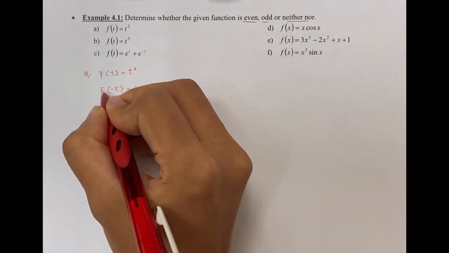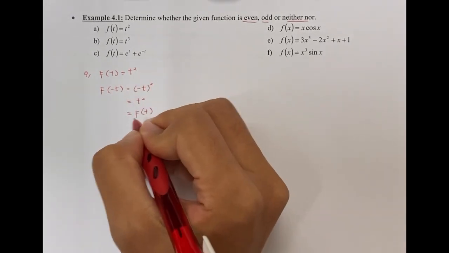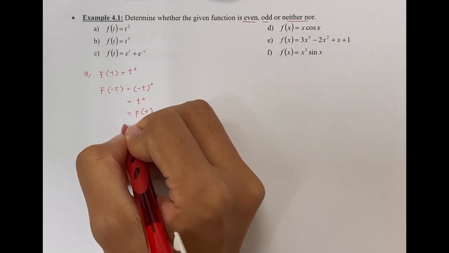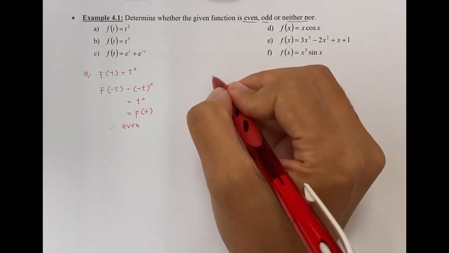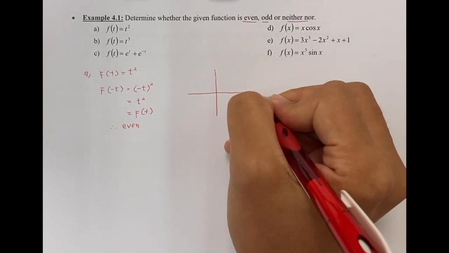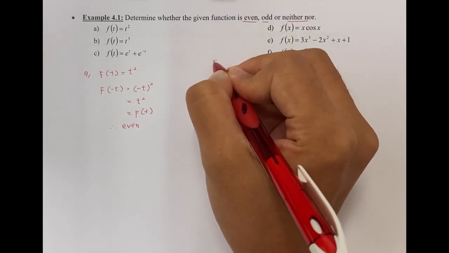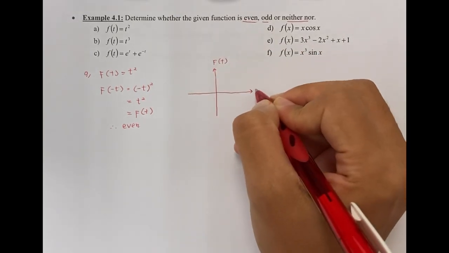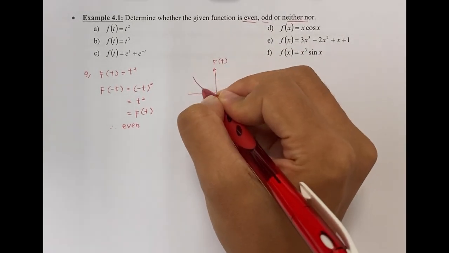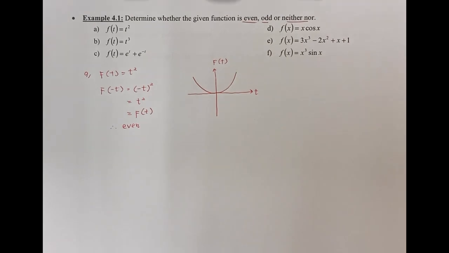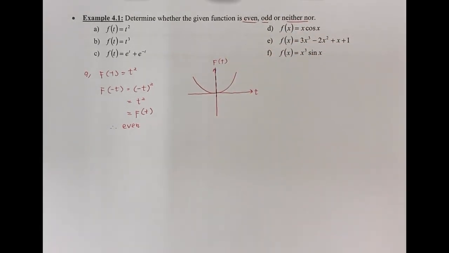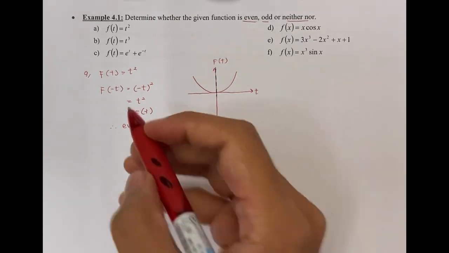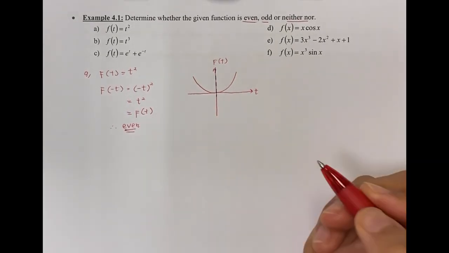So since f(negative t) is equal to f(t), this is an even function. Okay, and if you look at the graph for t squared, a quadratic, we have this kind of graph. So you see it reflects on the y-axis. So when the graph is symmetrical about the y-axis, it is an even function for A.